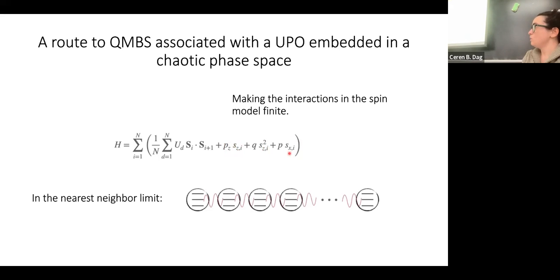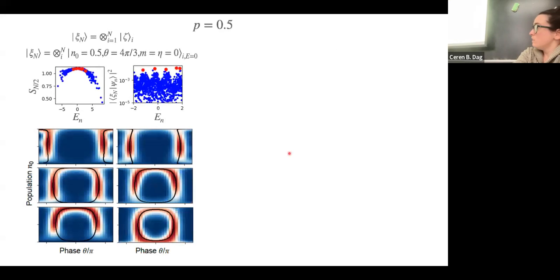So now we have a chain of spin-1 atoms. Each site has a spin-1 atom in it, and they're interacting with each other. Because we want to still talk about coherent states, now we have many-body coherent states, and the way we construct them is just a simple tensor product of coherent states at each site.